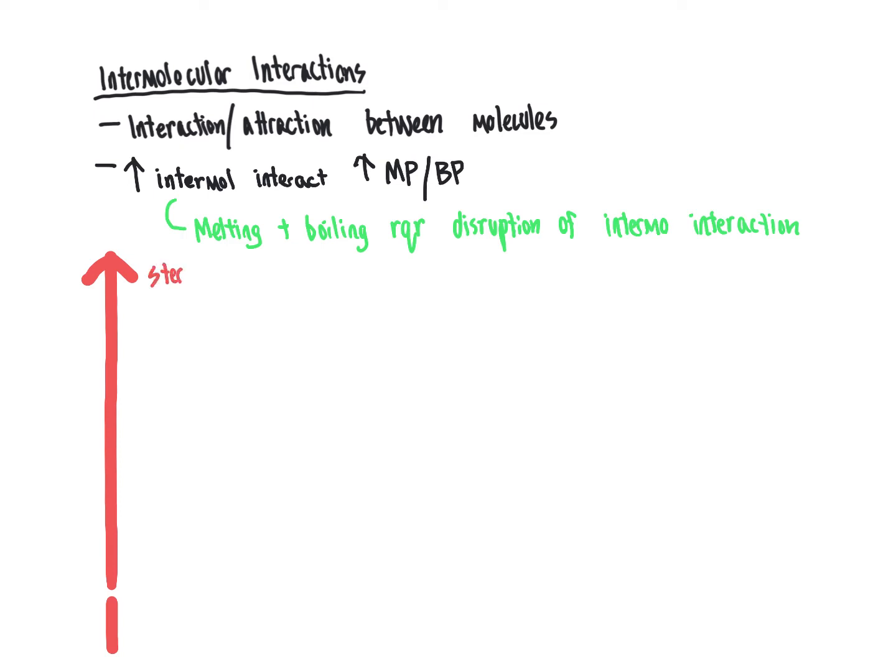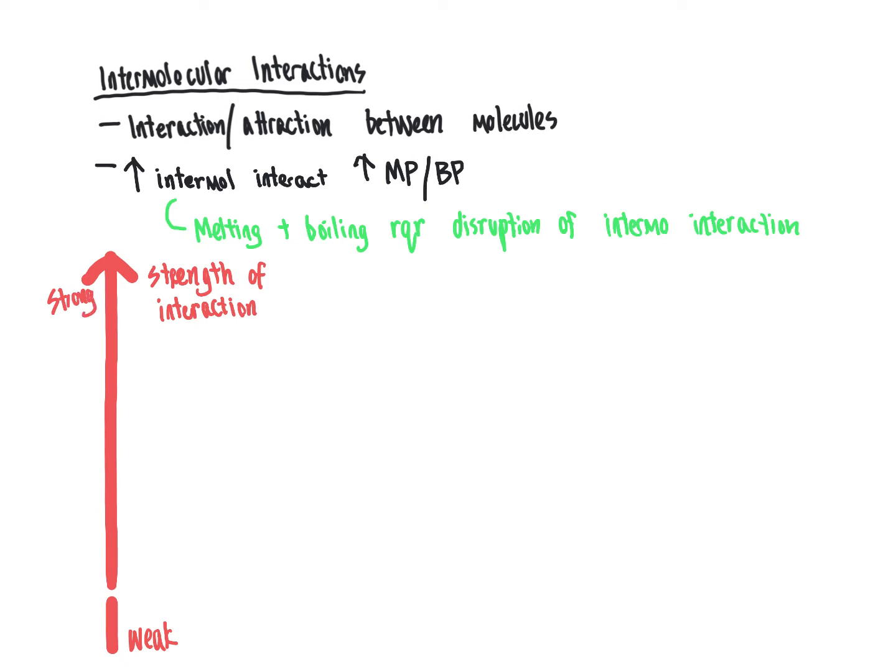So I'm going to label this as strength of the interaction, where at the top of the list will be our strongest interaction. At the bottom of the list will be weaker interactions.